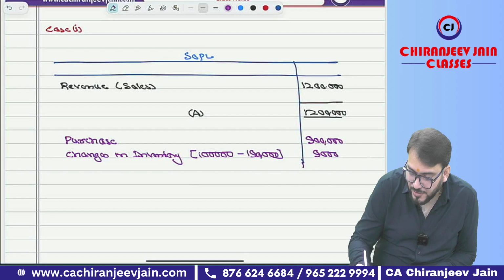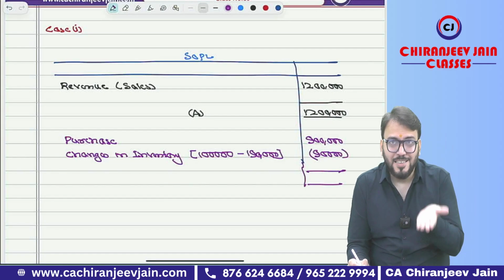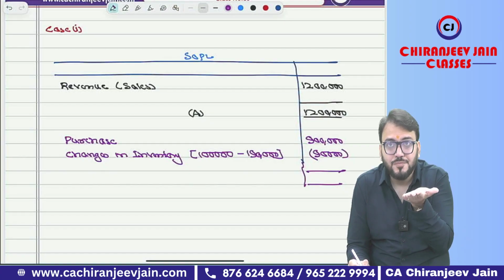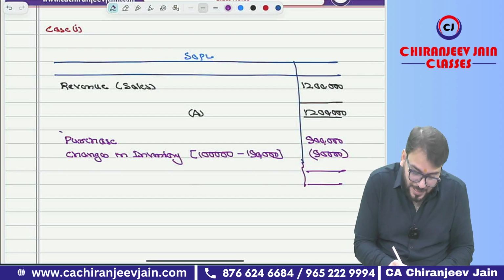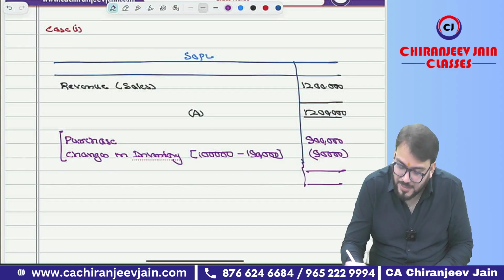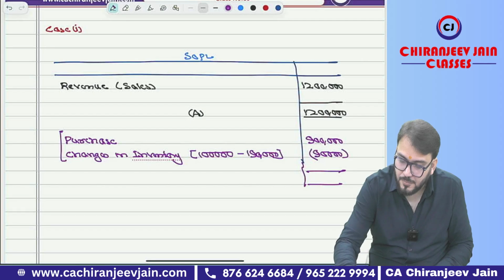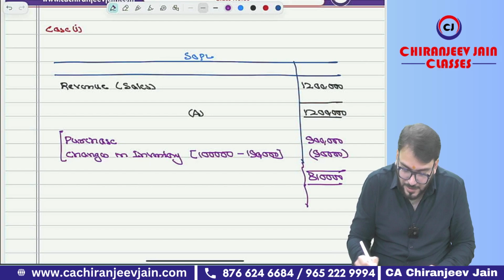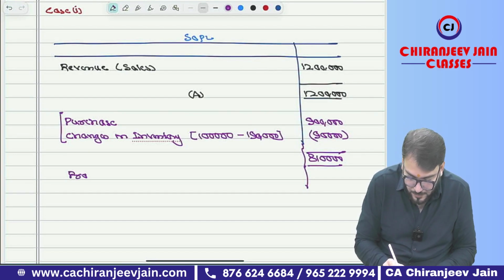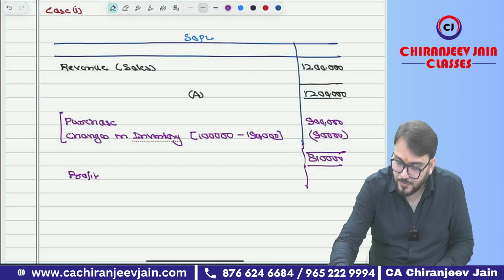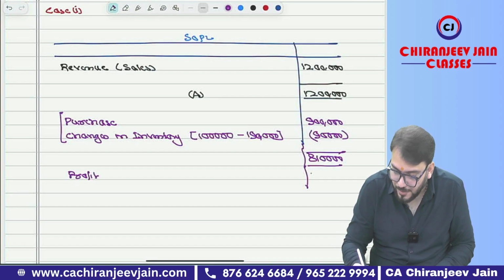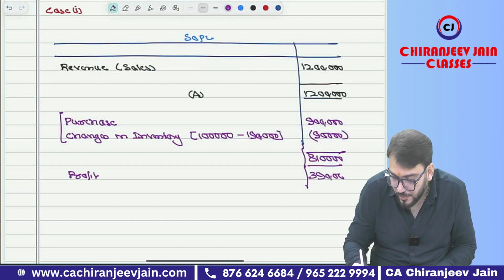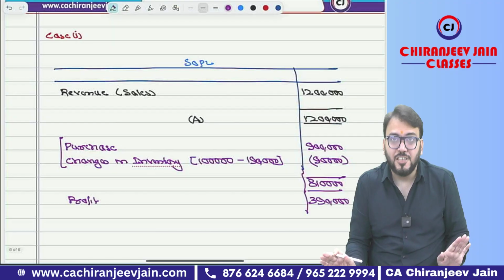So this will be 90,000 negative. Understood? Increase in stock, increasing closing stock, will decrease your expense. Means ultimately 9 lakh minus 90,000 is 8 lakh 10,000. And ultimately your profit will be how much? Same profit is coming, 3 lakh 90,000. So nowadays we do presentation in such a way.